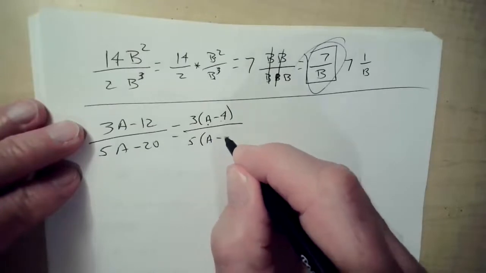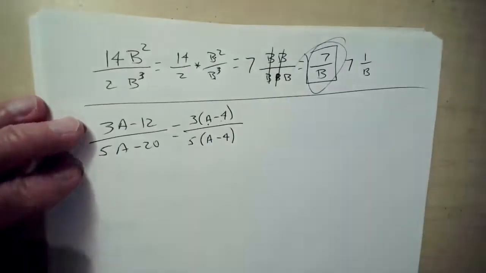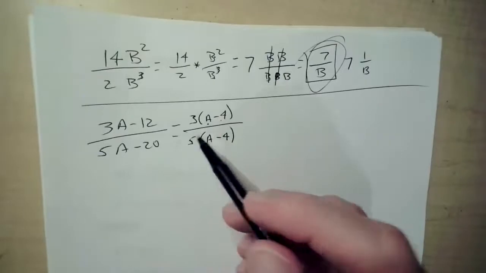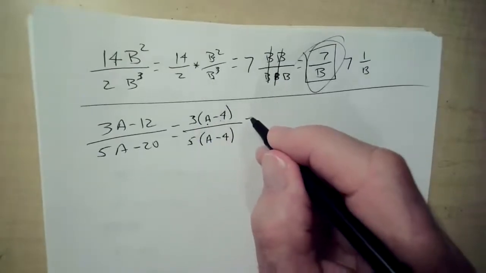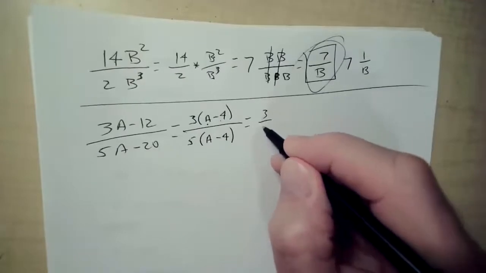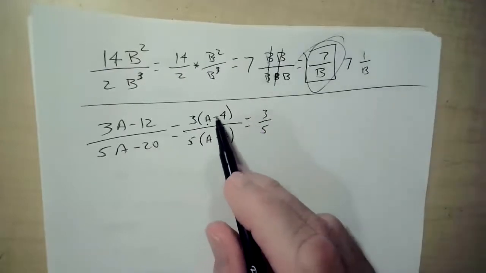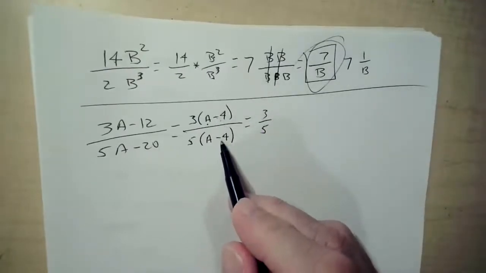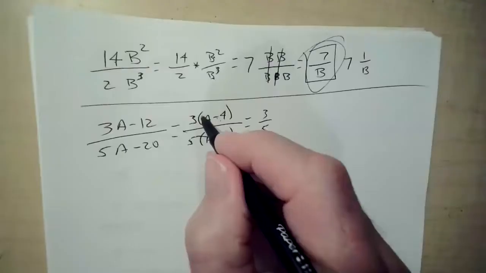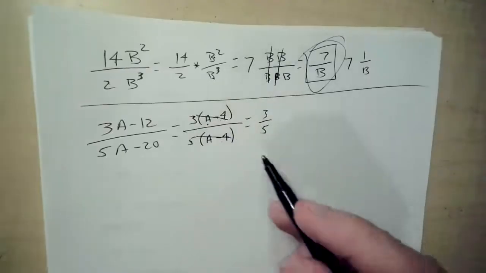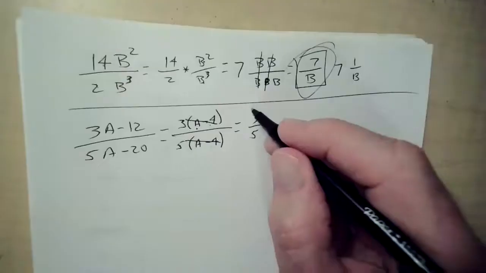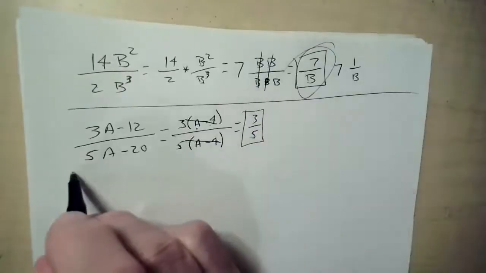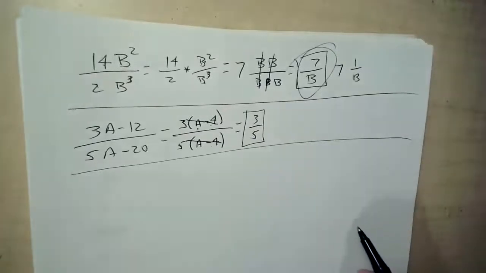Over, and what can we factor out of here? 5, open, a minus 4. Now 5 and 3, those are primes, so we can't do anything with that. So it's going to be 3 over 5. A minus 4 divided by a minus 4 is 1. Any number divided by itself is 1. So this is our answer.